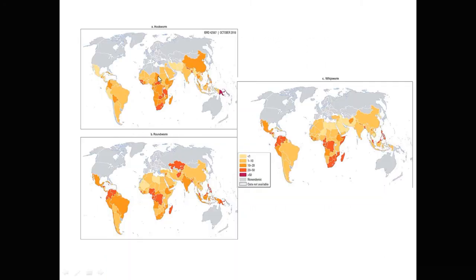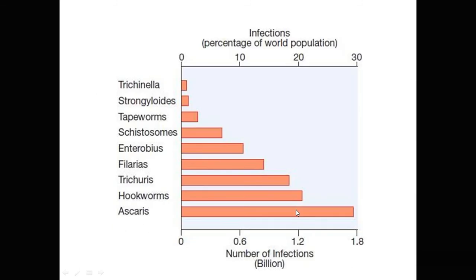This is the spread of the different helminthic diseases: hookworms, roundworms, whipworms, and we see that these diseases are mainly widespread in underdeveloped countries and in subtropical areas.